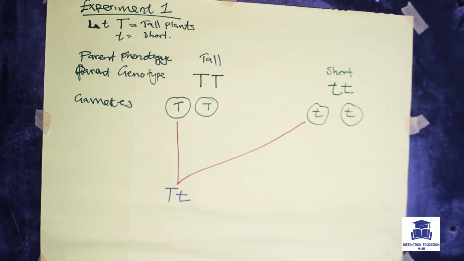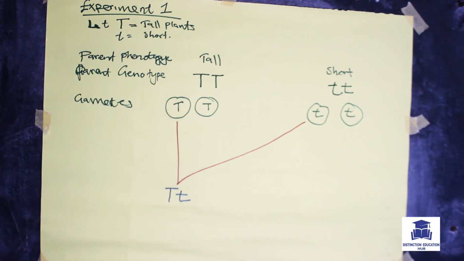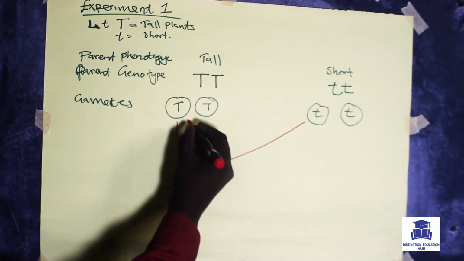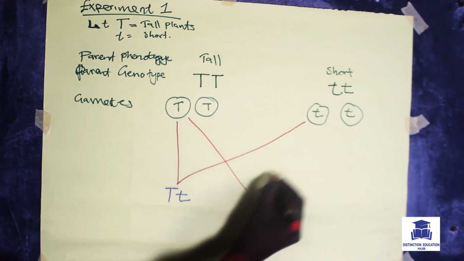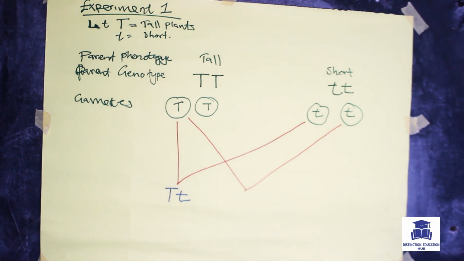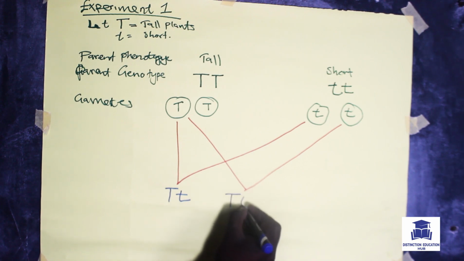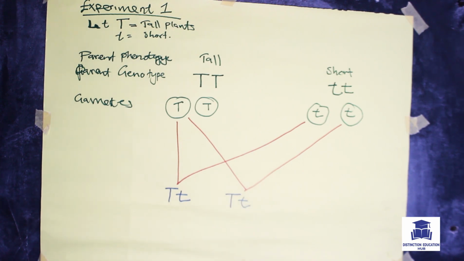Then again, the same thing: this one will cross with that one, and we again have Tt. The same thing will happen with the next gamete.